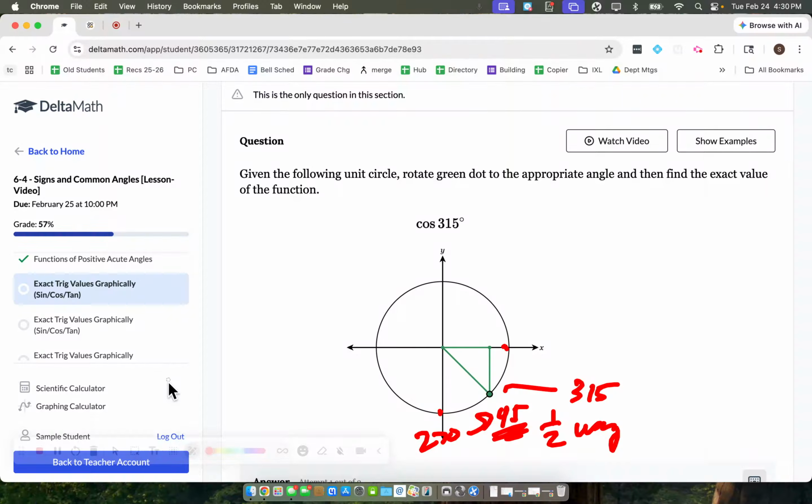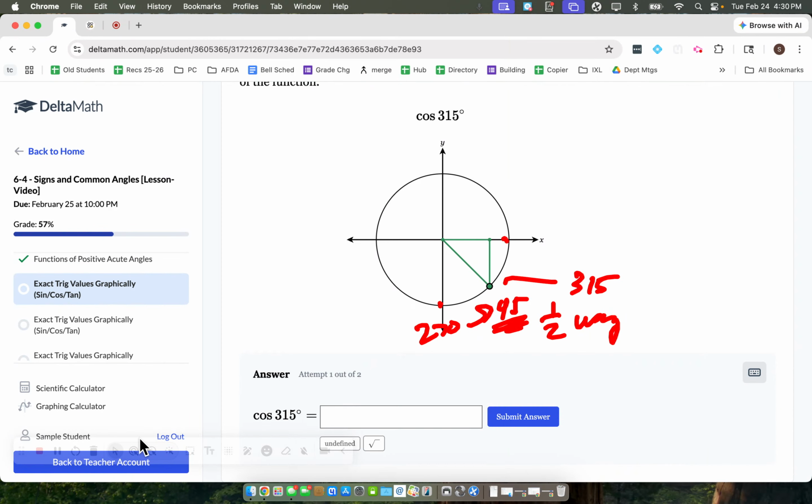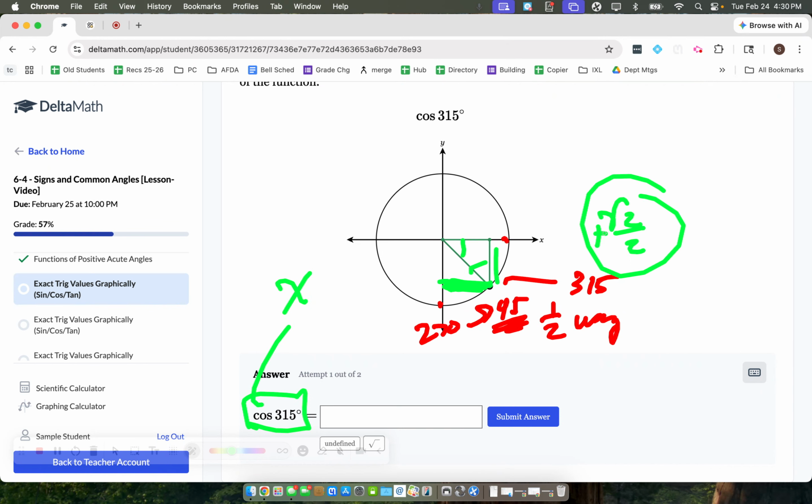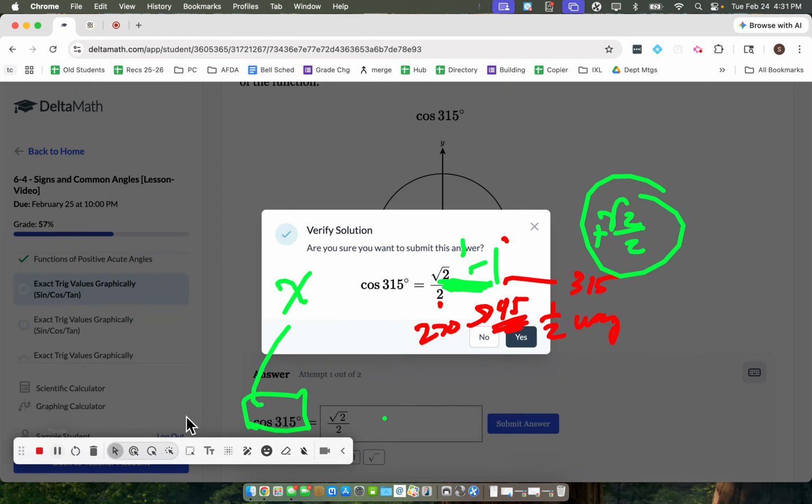So I think we're going to stop there. And they want to know the cosine, which is this length here, because cosine is x. In this 45 triangle, the two lengths are both the same, and it's positive. Root 2 over 2, positive.